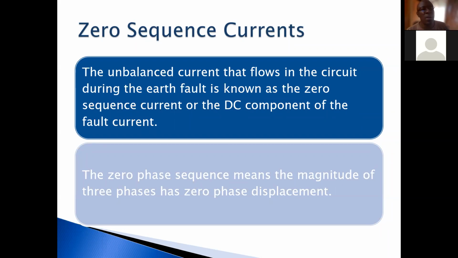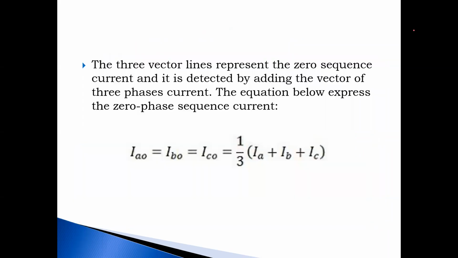The key points I wanted to address included the fact that zero sequence currents, from the connections that I showed, the delta, the star and the grounded star, can only flow if there's a path to Earth.